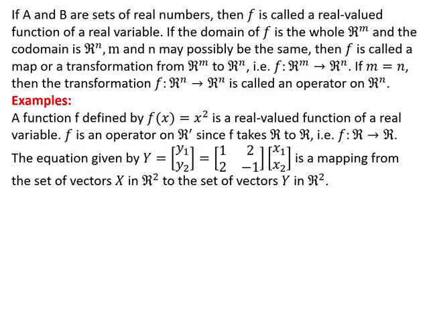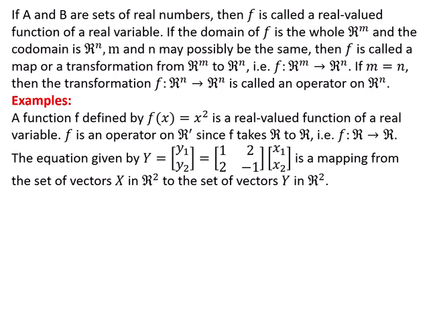If A and B are sets of real numbers, then f is called a real-valued function of a real variable. If the domain of f is the whole real space of dimension n, and the codomain is the real space of dimension m, n and m may possibly be the same.